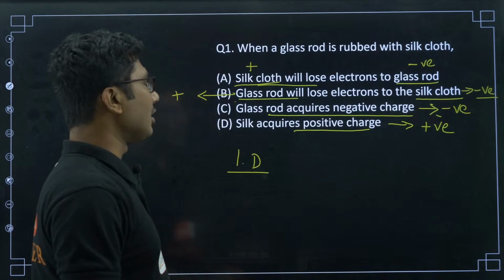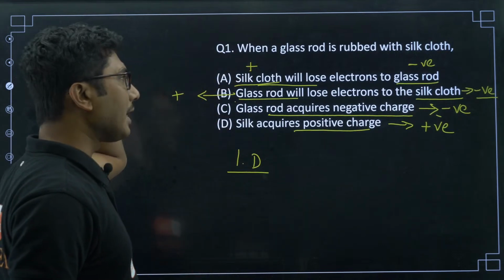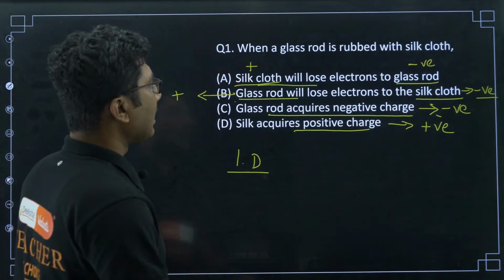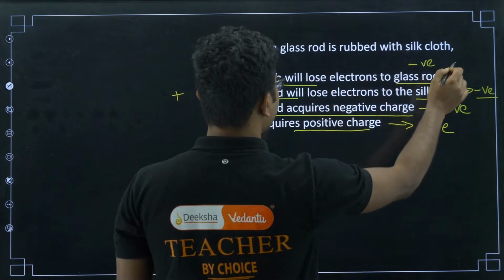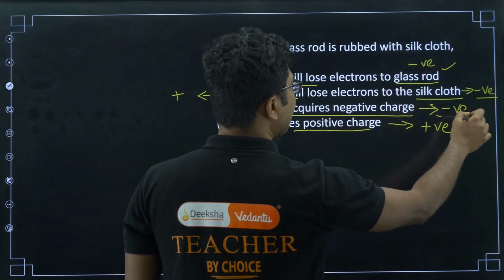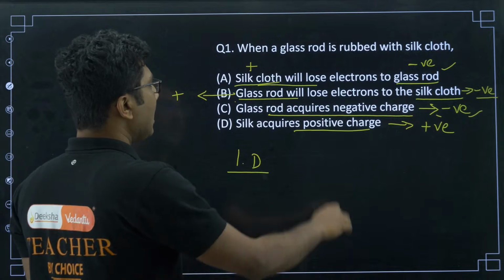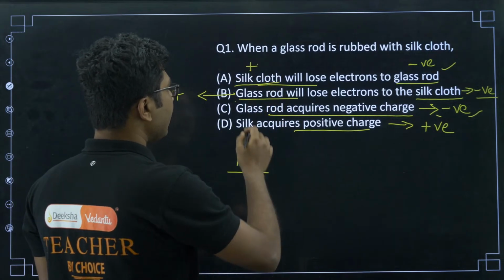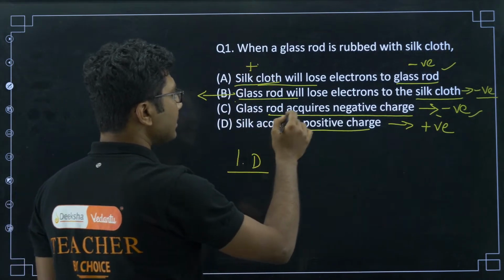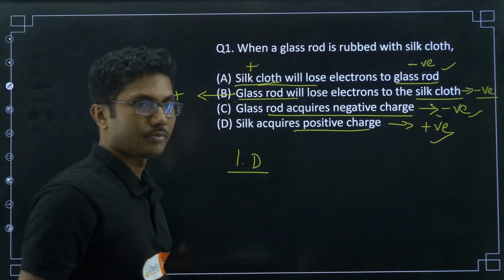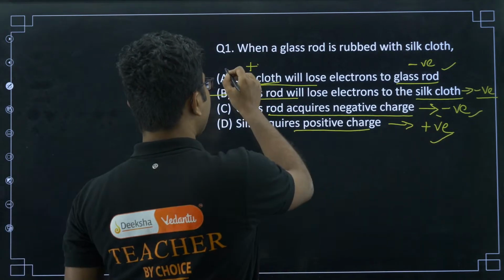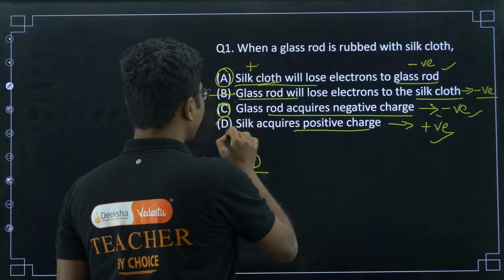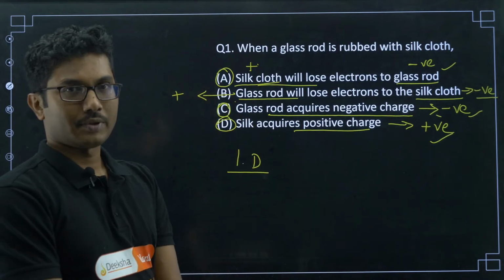Now, if you see all the options, glass rod is negative in option A, glass rod is negative in option C as well. Silk cloth is positive in option A, silk cloth is positive in option D. So, options A, C and D are the same.